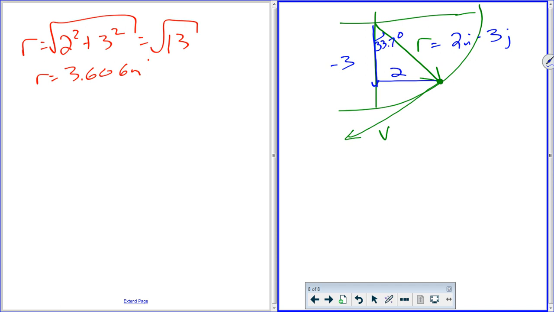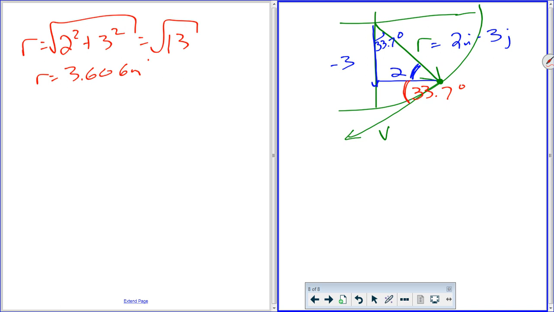Follow? All right. Well, that means that this angle here is 90 minus that, right? Which then means that this angle here is 90 minus that, so you get 33.7 again.